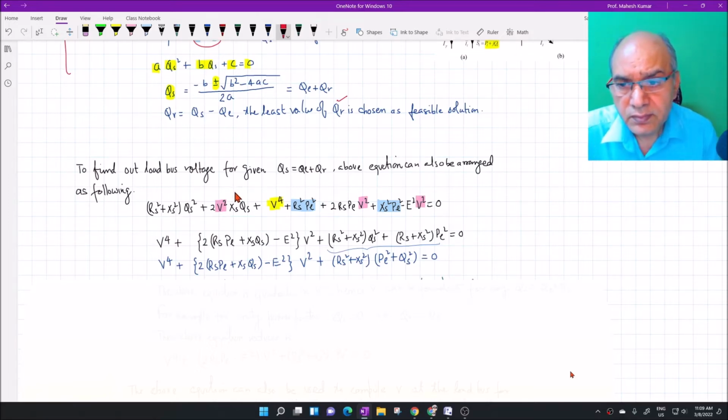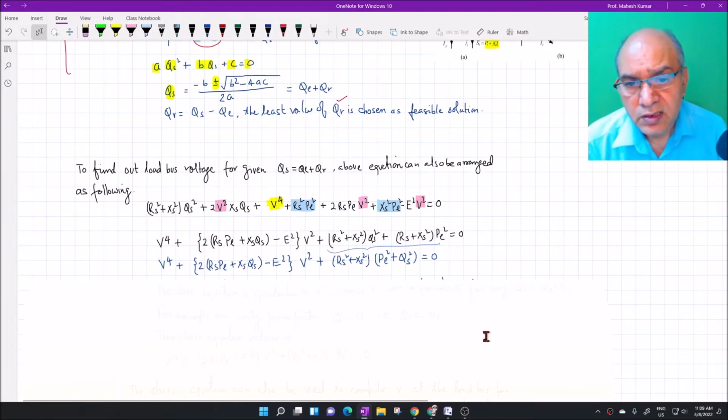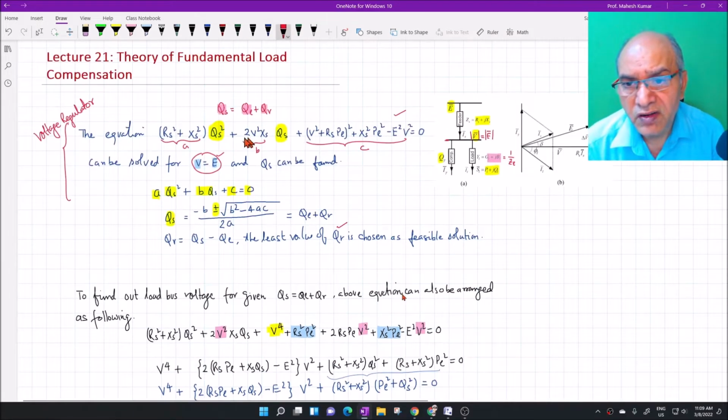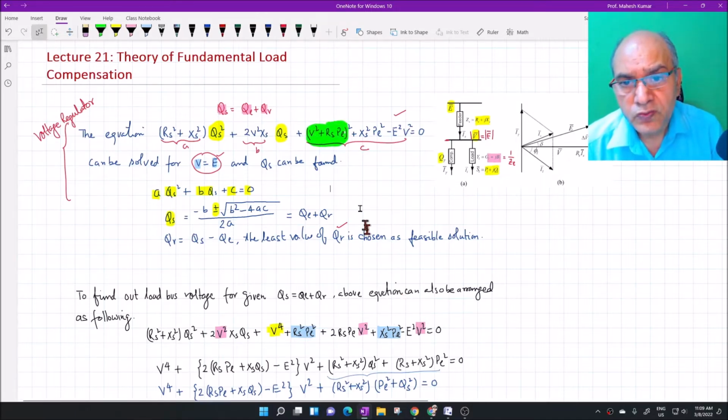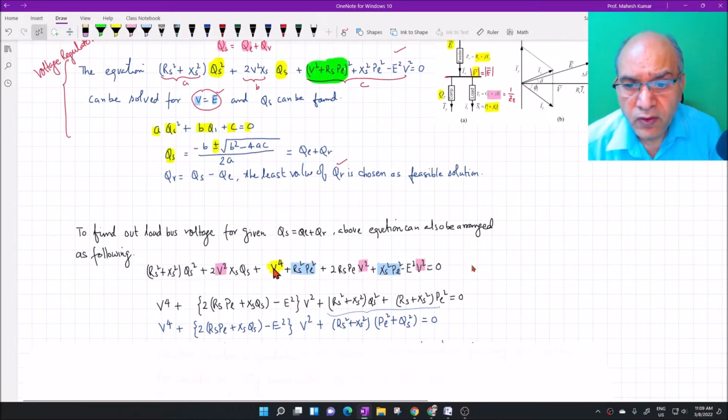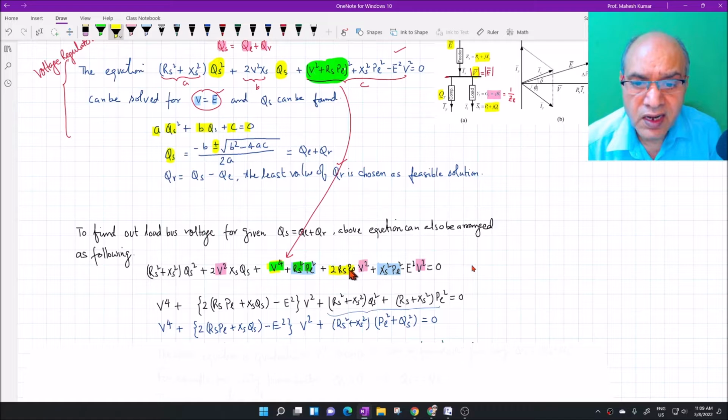For example, we can arrange the same equation as a quadratic in V squared. We will simply square this term here and arrange the whole equation in the order of V squared. So if you square this, you will get V to the power 4 here, plus Rs squared plus PL squared, this is squared, I am putting it here, and plus 2 Rs PL into V squared.